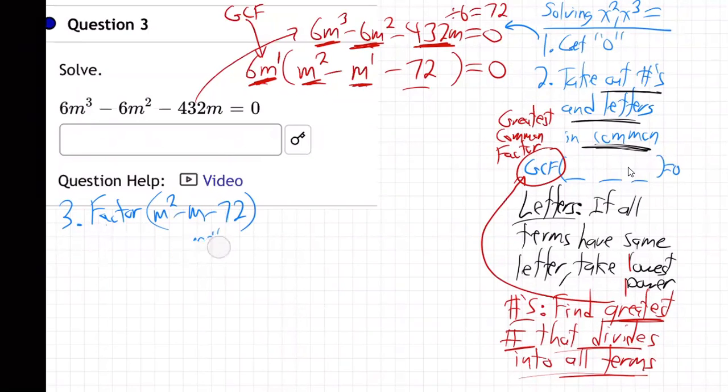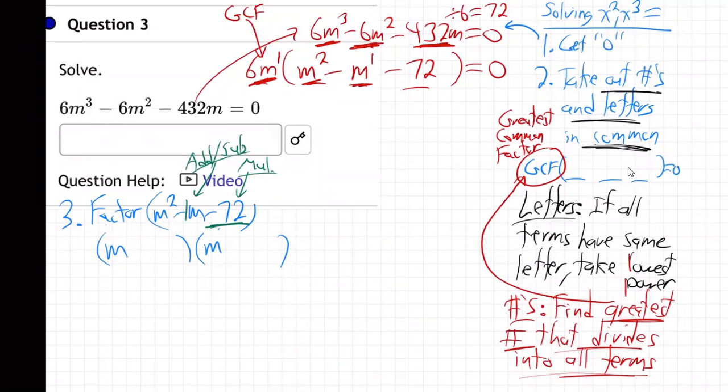Just factor it as 2 parentheses with m's in the front. We did some of this back on number 1. And you want to find the 2 numbers that multiply to be minus 72, and add or subtract to be what?